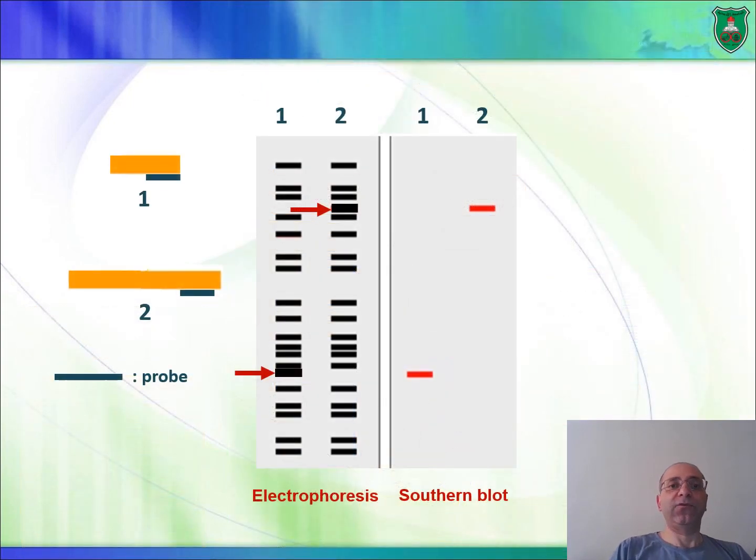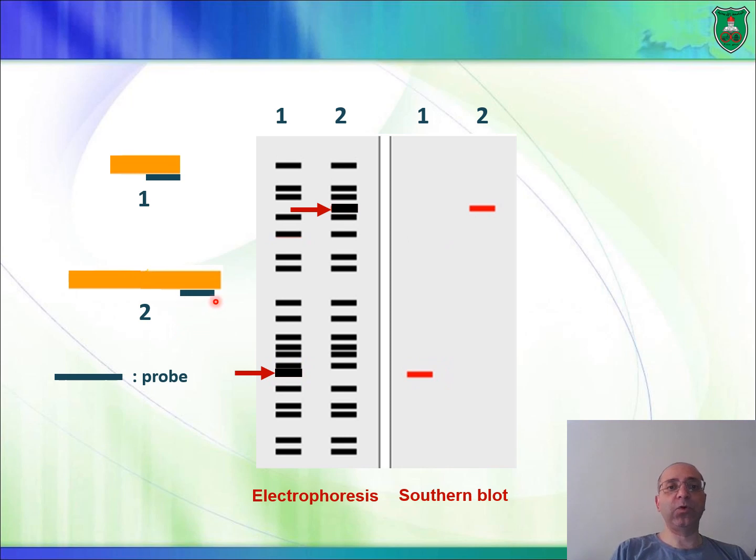Okay, so here, for example, let's say, again, that's the last example. Let's say that we have two samples, sample 1 and sample 2. Okay, and let's say that they have fragments of different sizes, and these fragments have complementary sequences to the probe.